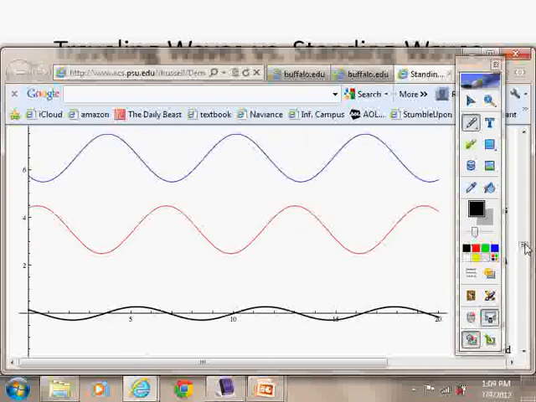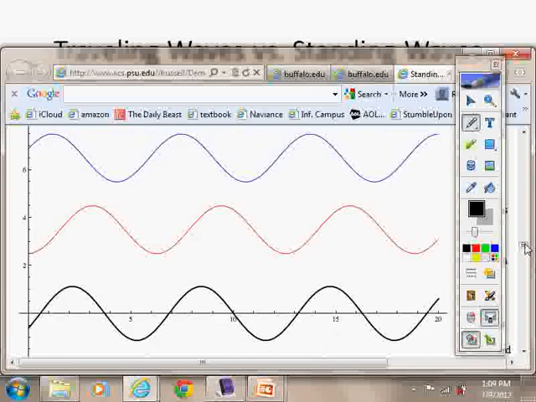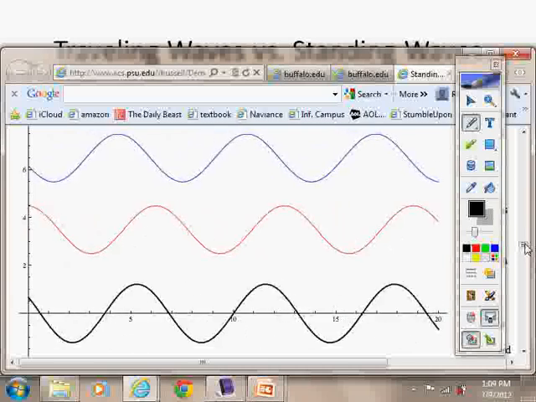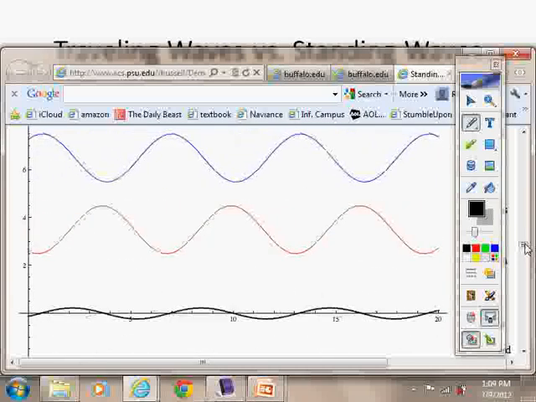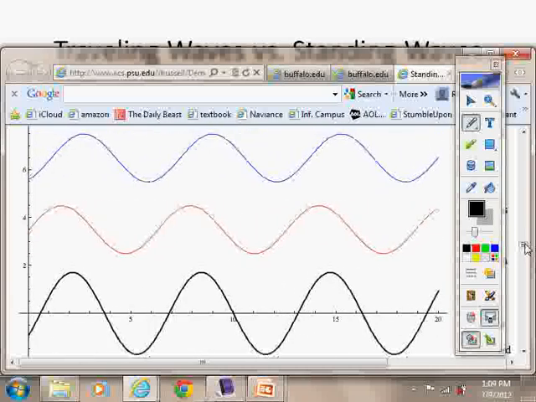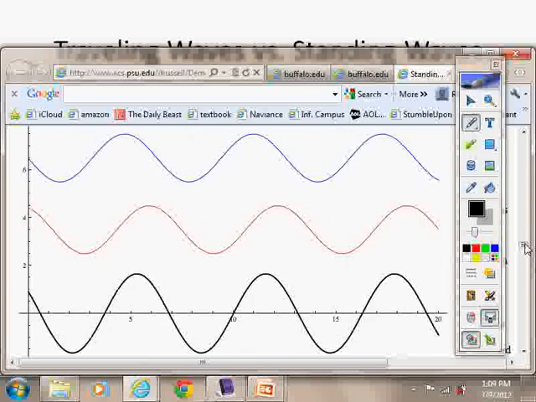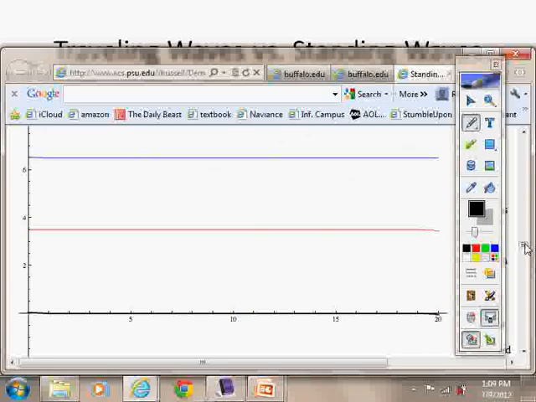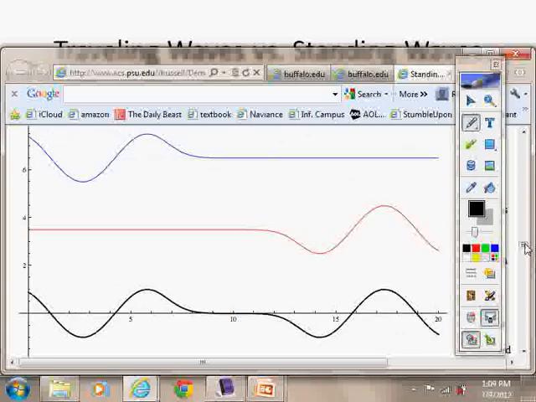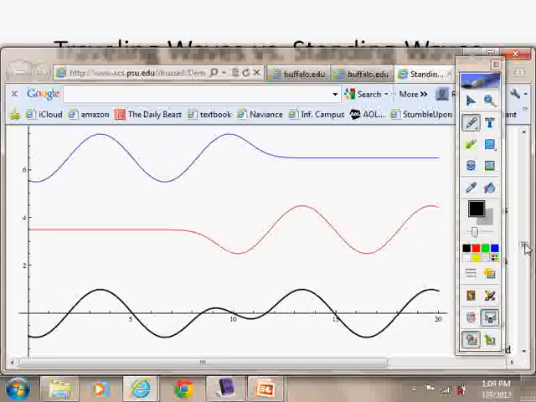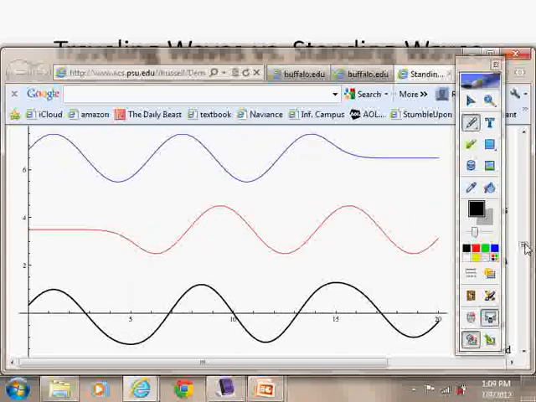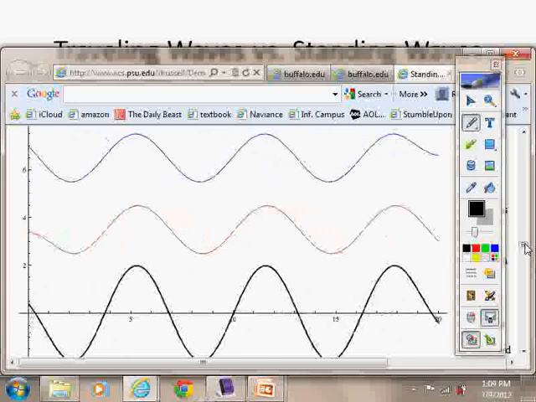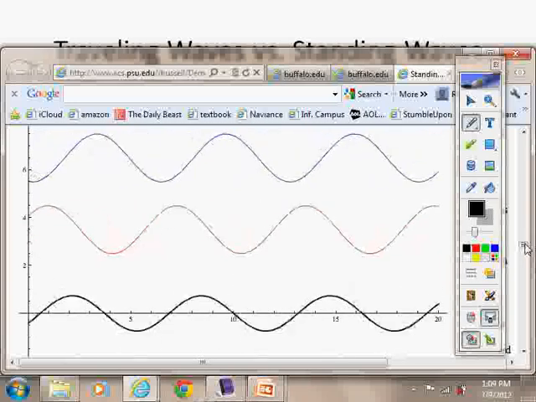This time the red wave is moving to the left. If those two waves were sharing the same space at the same time, the black wave below is what you would end up seeing. That's the interference pattern. Here they come again. Once the interference pattern fully develops, it becomes a standing wave.